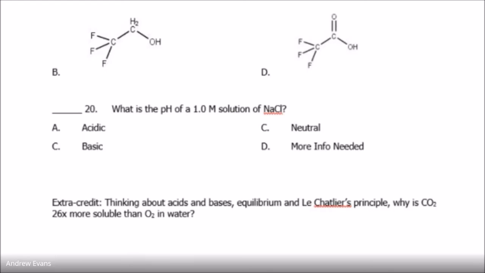As it removes product from the last step, the reaction shifts to replace the product, and thus more CO2 is allowed to dissolve. Oxygen, which doesn't react with the water, only has one equilibrium expression and thus is not going to benefit from this reaction. And so it's not going to get 26 times more soluble.